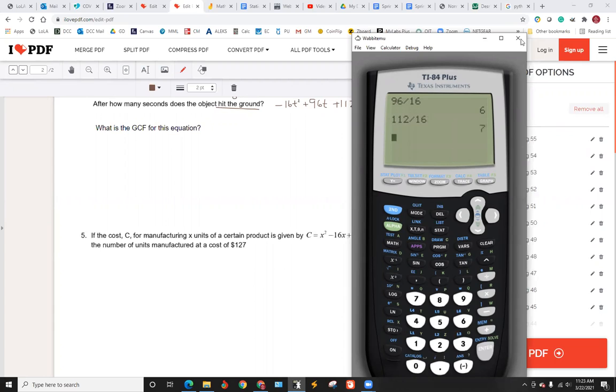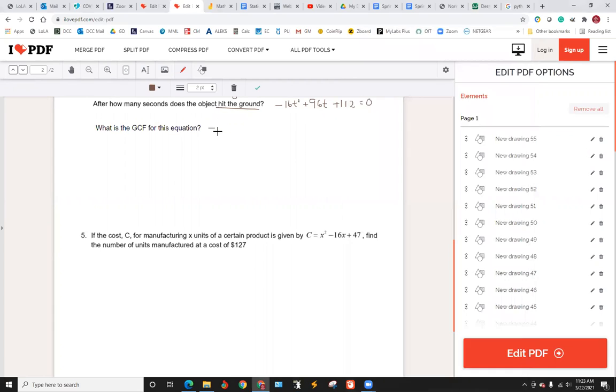All right, so 16 is a factor, but I would also recommend taking out the negative sign, because if you don't, this is going to be negative, and unless you're really good at factoring like that with that leading term being negative.